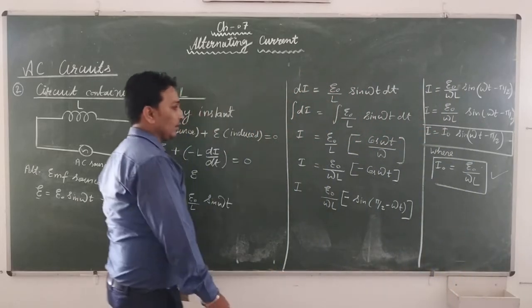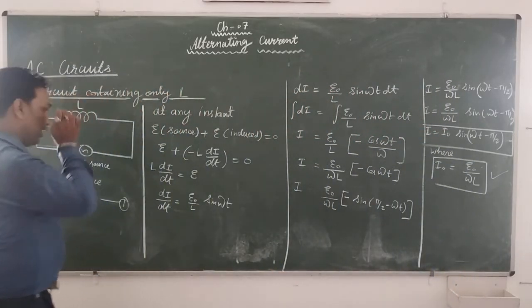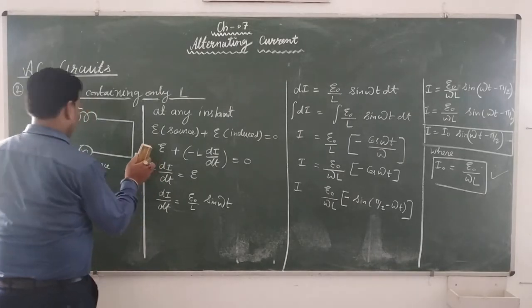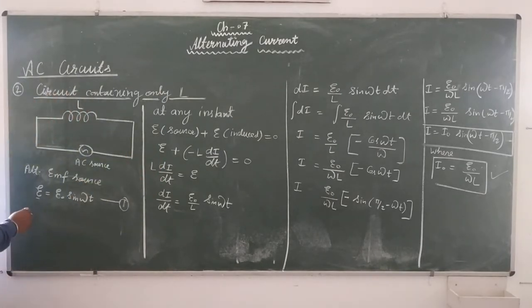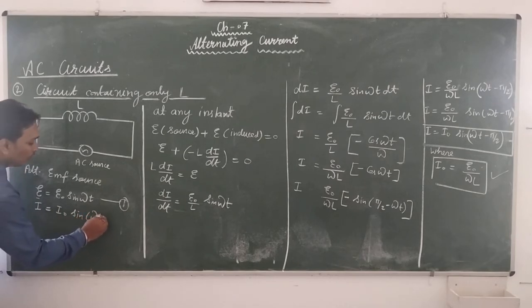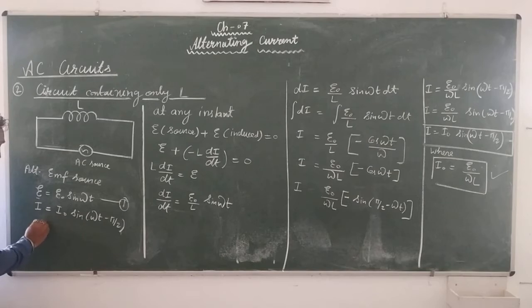First of all, let us understand the phasor diagram. I am removing this so that we can understand. Let me write the equation which comes for the current. Current comes I is equal to I naught sin omega t minus pi by 2, and I naught is equal to what? It is E naught upon omega.